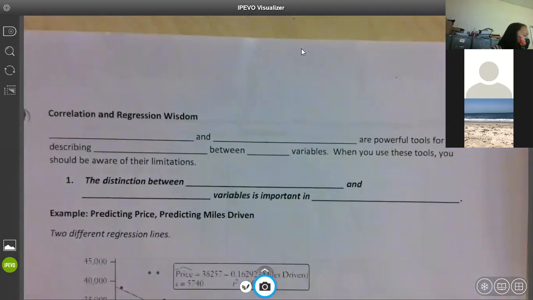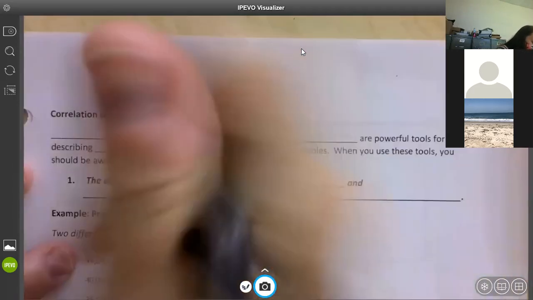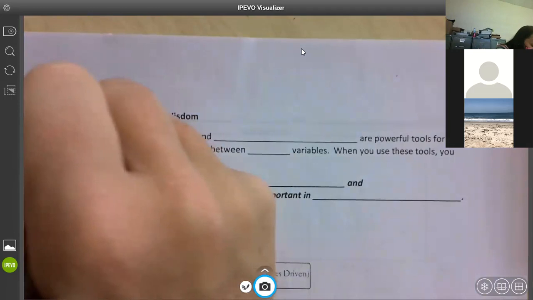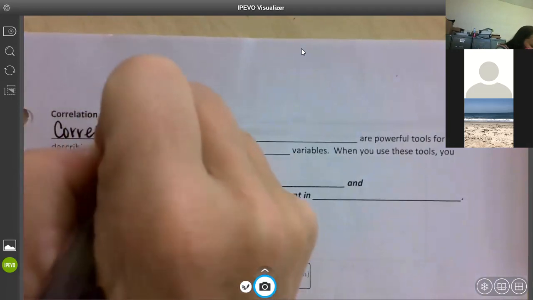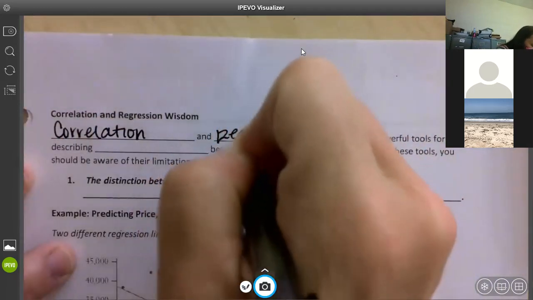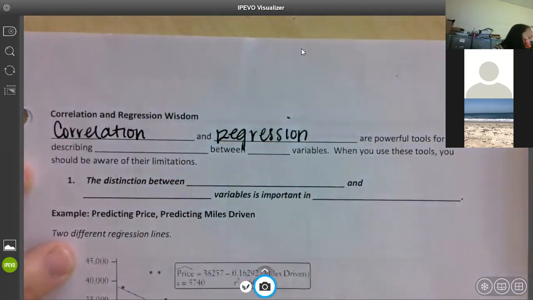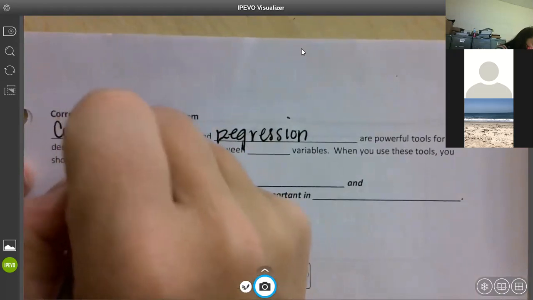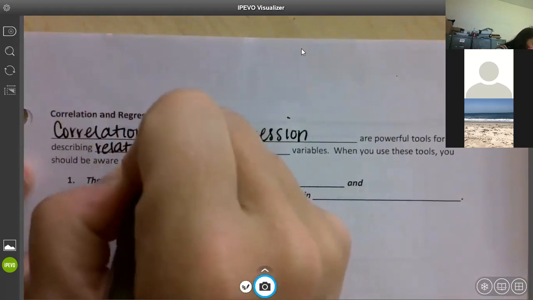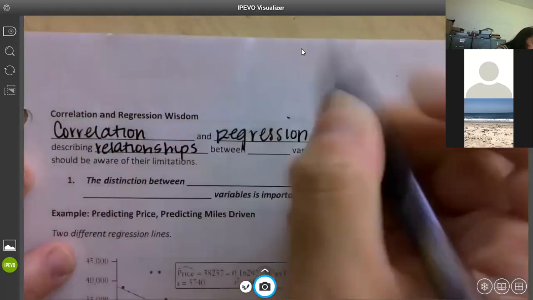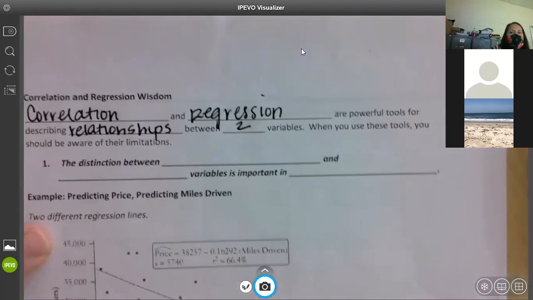Correlation and regression wisdom. Literally just this top part is what we're doing. Correlation and regression are powerful tools for describing relationships between two variables.